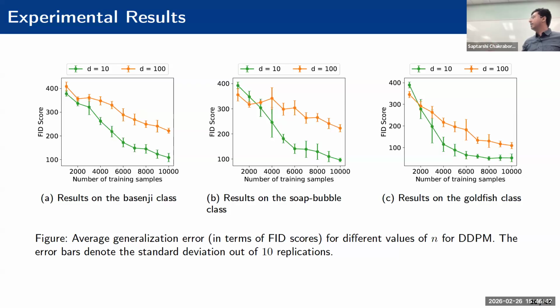So your FID scores decay much faster for d equals 10 versus d equals 100. And this is observed for different classes inside the ImageNet data. So this manifold hypothesis holds water in practice, in the sense that we get the behavior we expect, that lower intrinsic dimension is easier to generalize. But how do we characterize that theoretically?